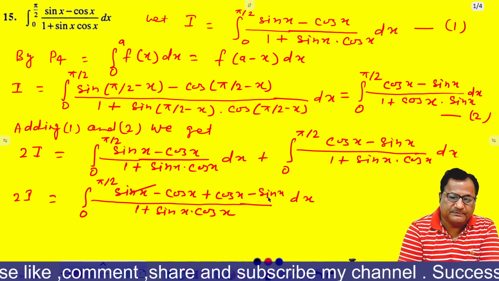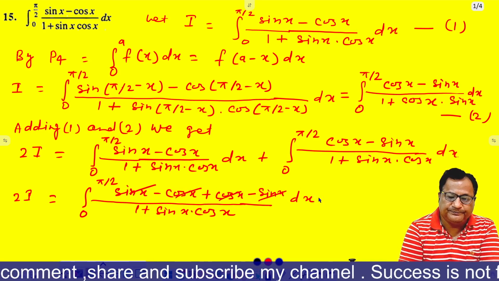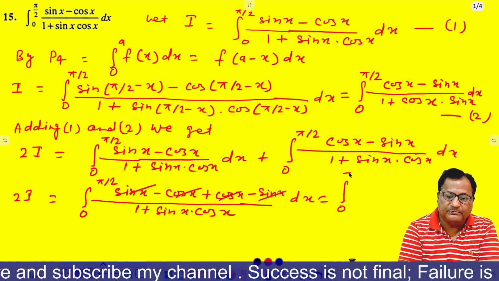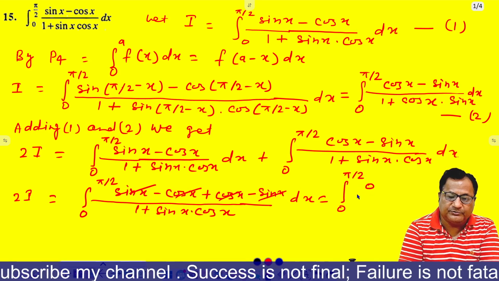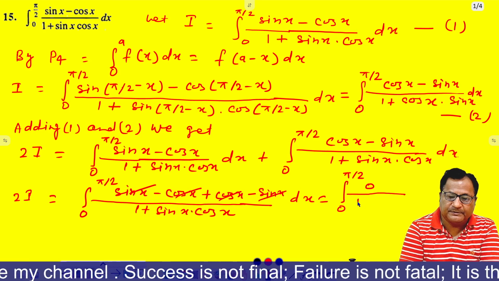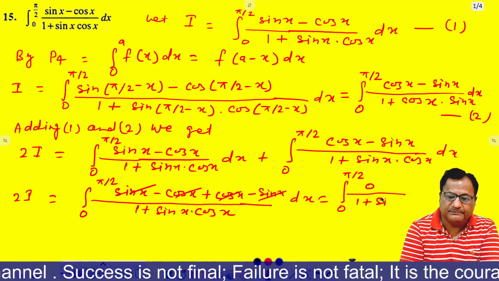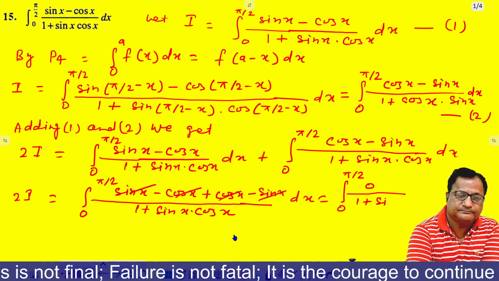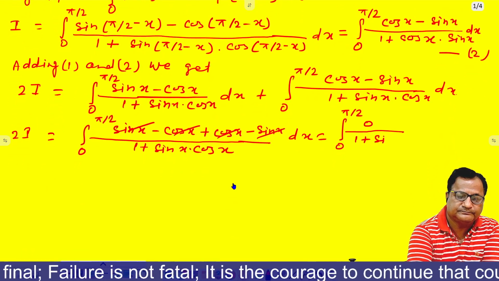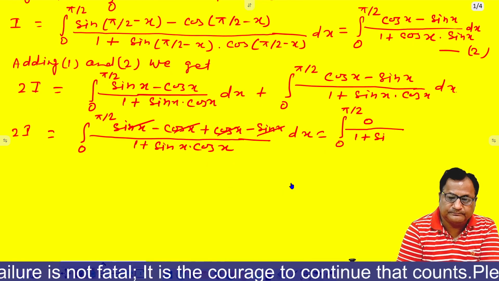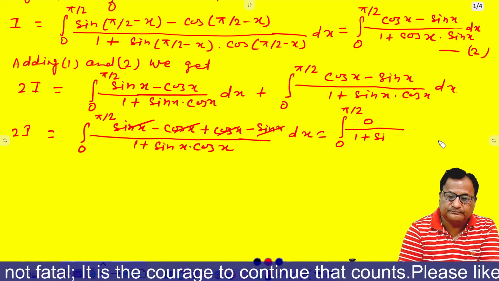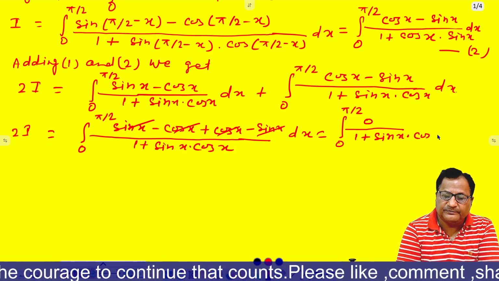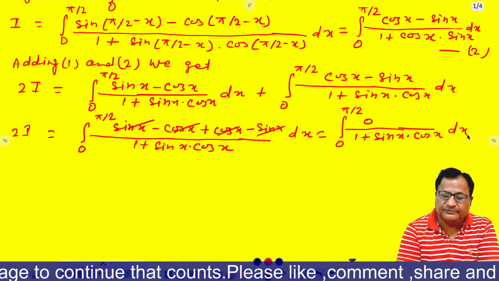And this will be cut, this will be cut. So we will get here the integral from 0 to pi by 2 of 0 by 1 plus sin x into cos x dx.